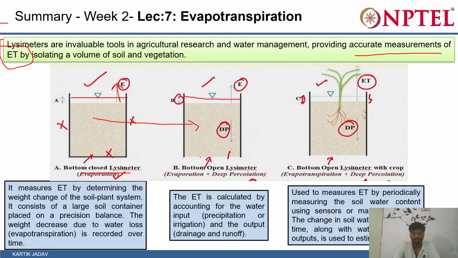In case of bottom open, what will we get? We get evaporation plus deep percolation because the bottom is open.